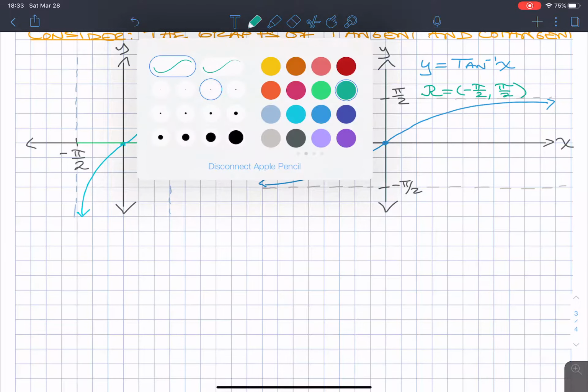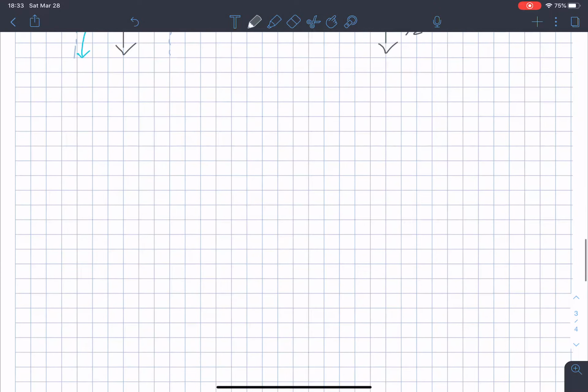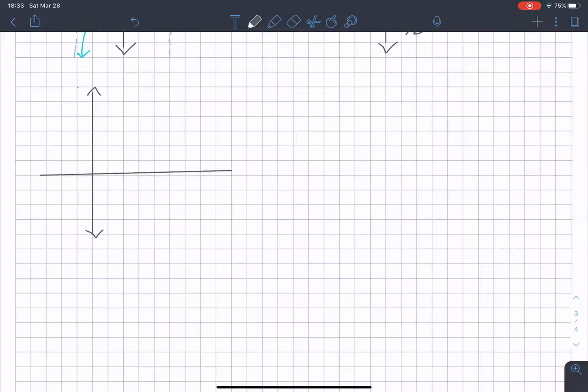Okay, let's do the same thing for cotangent. So x and y coordinate axes. Okay, so pi over 2 and pi.